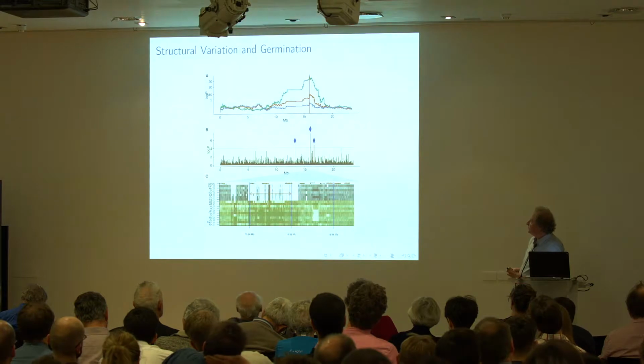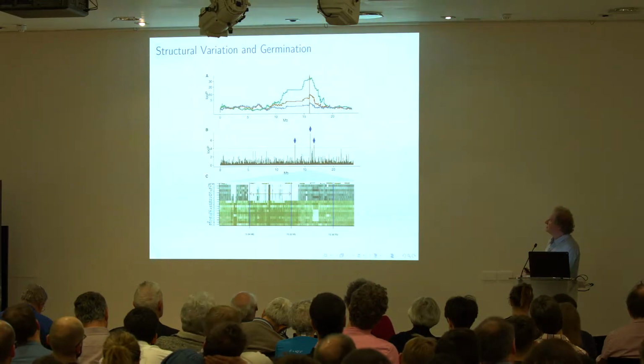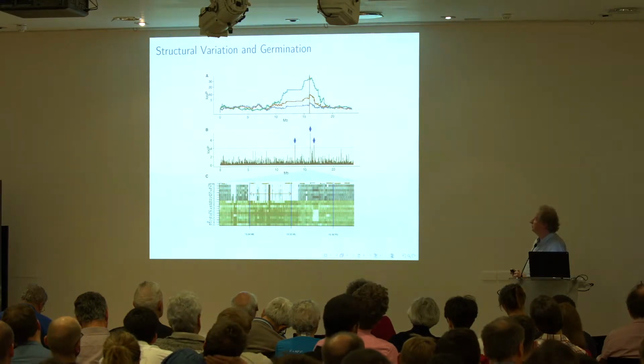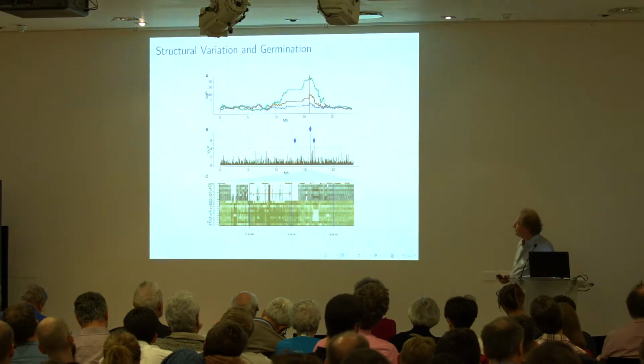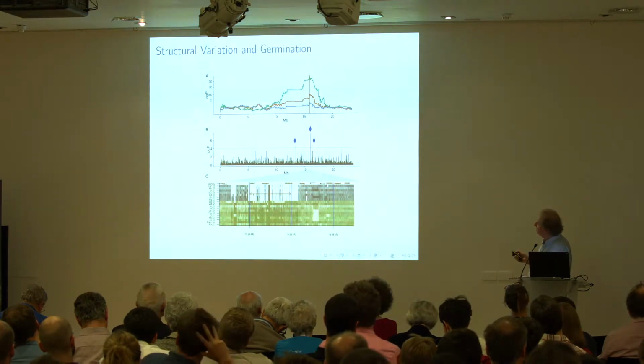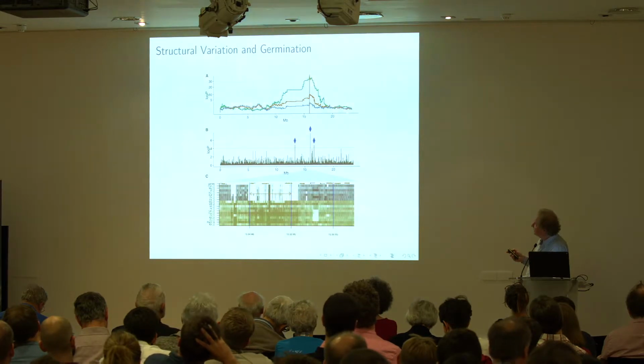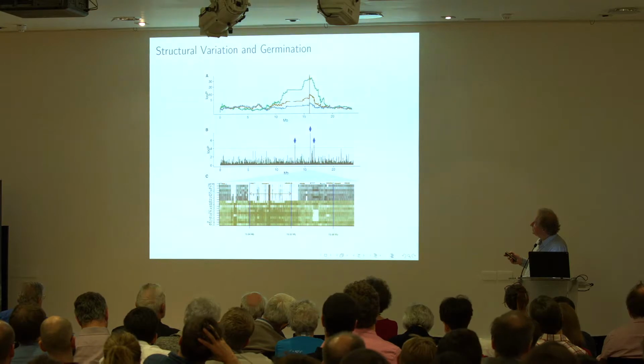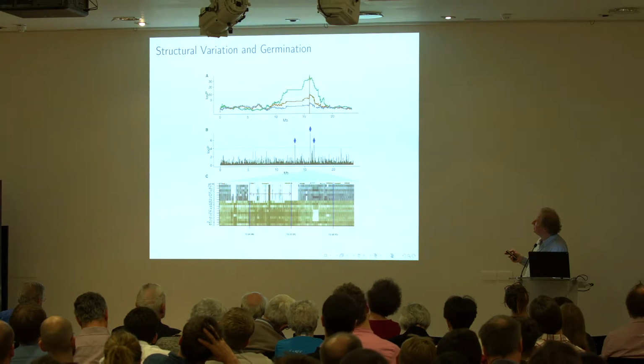You can use this in two ways to look for association with phenotypes. I'm going to give you a nice story first, which is very easy to interpret. Here we're looking at germination time in these Arabidopsis lines. The orange line here is the GWAS you'd get for germination time, and it has a QTL over here, which is genome-wide significant.